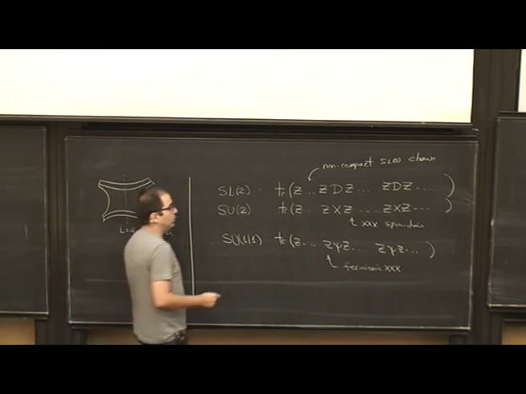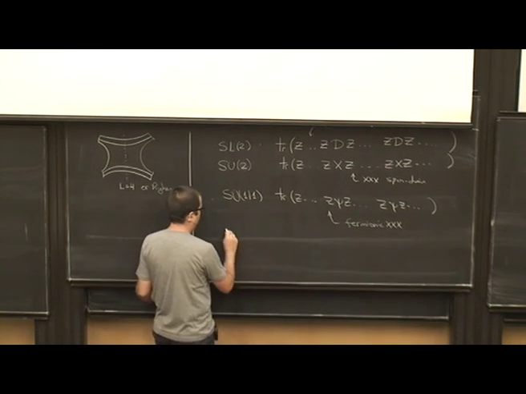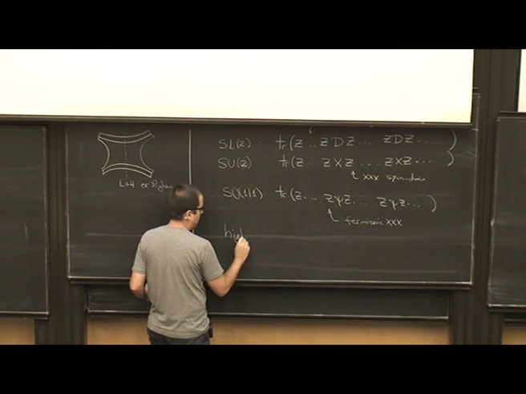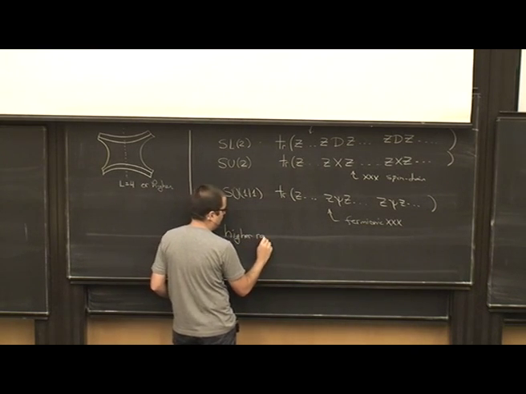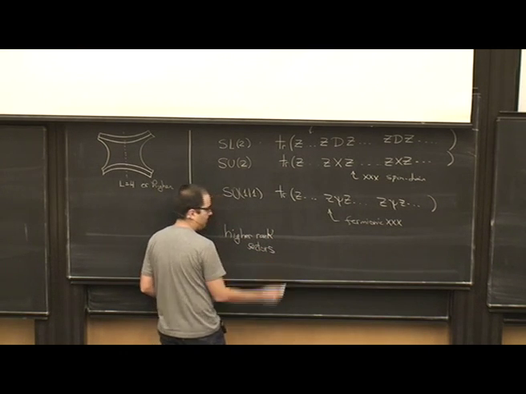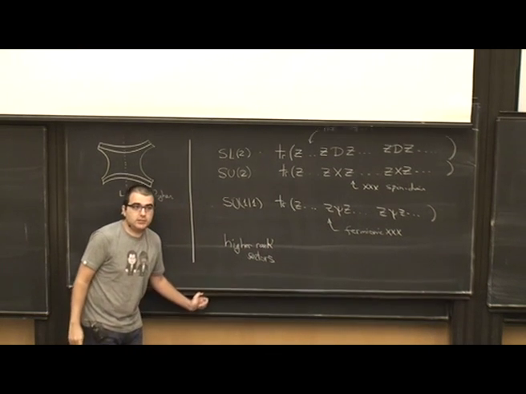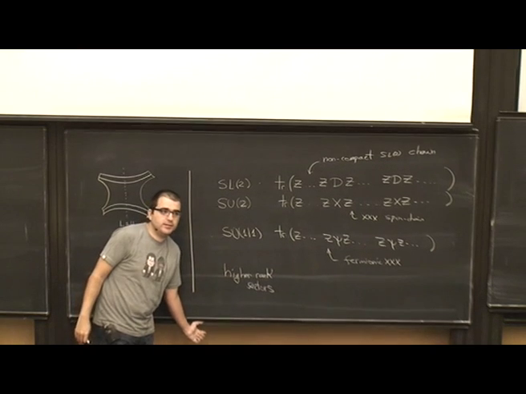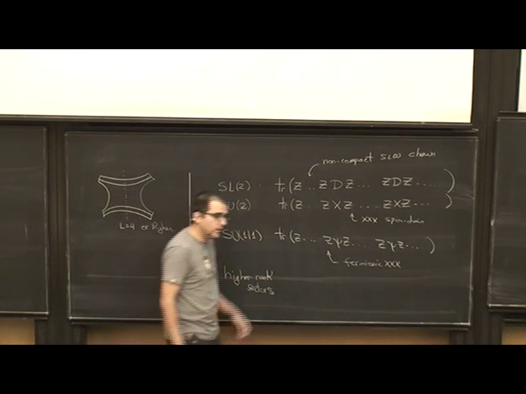And then we can start mixing things together, and then we can start going to higher rank sectors. Yeah, like starting to put SO6 or fermions and scalars and derivatives together and so on.